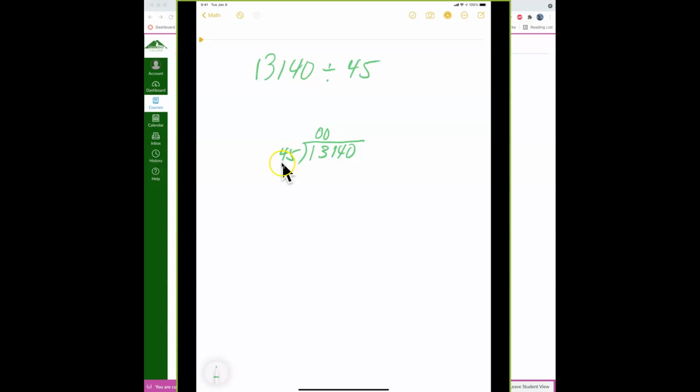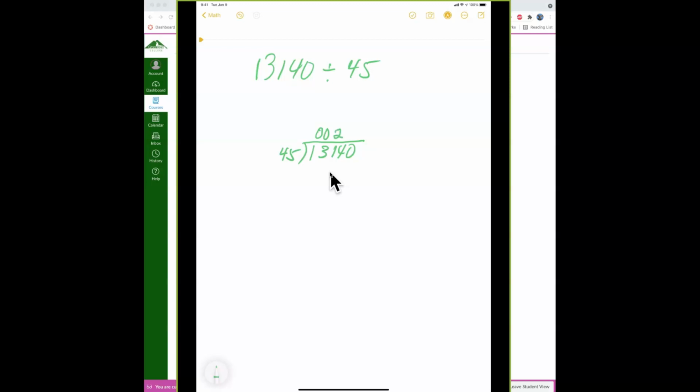You can use your rounding skills, and 131 would round to 130, or if you were to round it to the nearest 100, 131 would round to 100. So 50 would go into 100 twice. Let's go ahead and give that a try and see how we do.